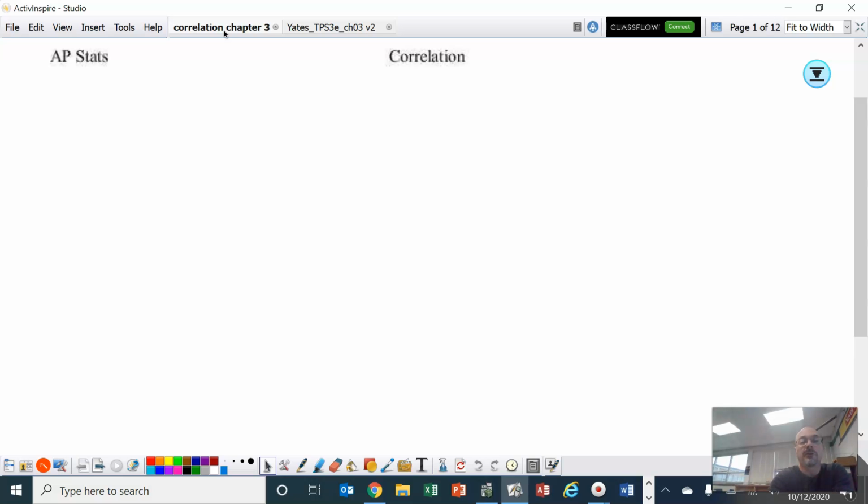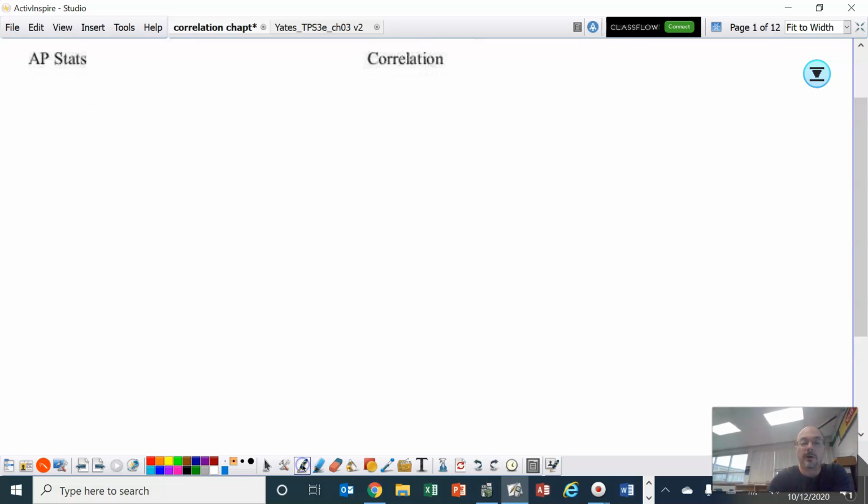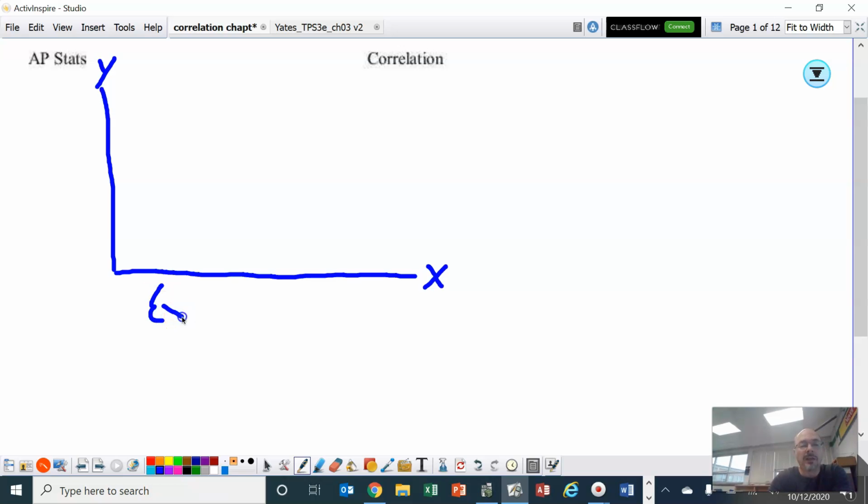So first thing is to get my pen to work. There we go. All right. So we're going to be dealing with our x and y axis. All right. Except we're not going to call it the x and y axis in AP statistics. The x-axis, that is going to be called the explanatory variable, ladies and gentlemen.